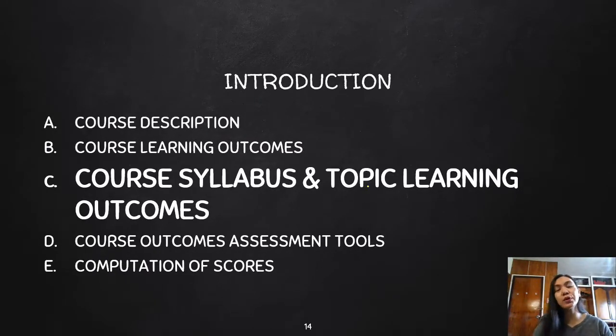In the syllabus, of course, I will be introducing to you the different modules that we would be tackling, including the TLO or the topic learning outcomes that you would need to achieve at the end of each term.